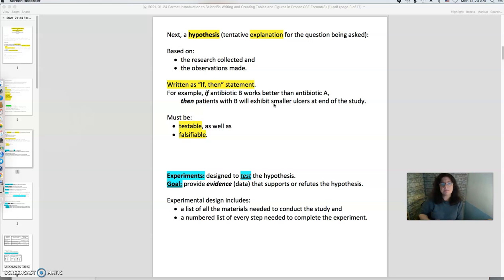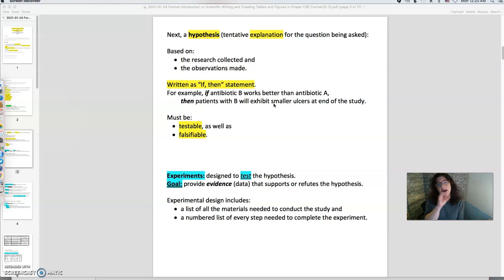Third step, experimentation. Now that you've made the hypothesis statement, now you've got to test it out. The goal is to supply evidence or data that pertains to the hypothesis. Sometimes the data supports the hypothesis, sometimes it does not.